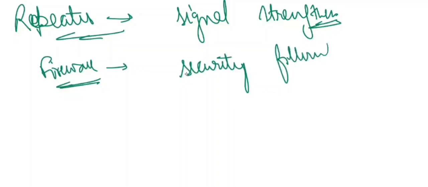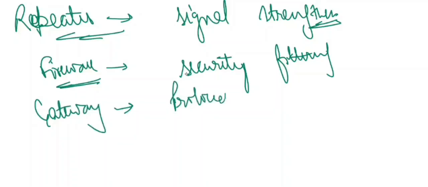And then we have the gateway, which does protocol translation. So these are the common network devices: repeater, signal strengthening; firewall, security filtering; gateway, protocol translation.